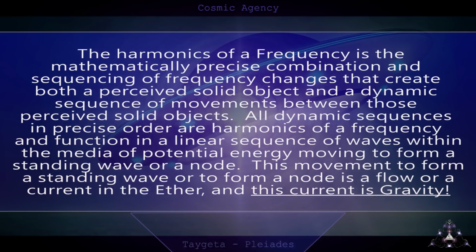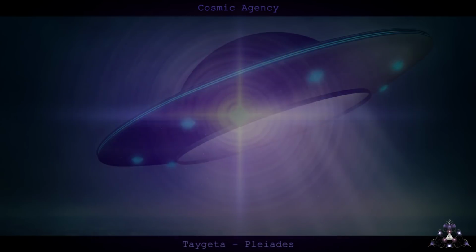All dynamic sequences in precise order are harmonics of a frequency and function in a linear sequence of waves within the media of potential energy moving to form a standing wave or a node. This movement to form a standing wave or to form a node is a flow or a current in the ether, and this current is gravity.